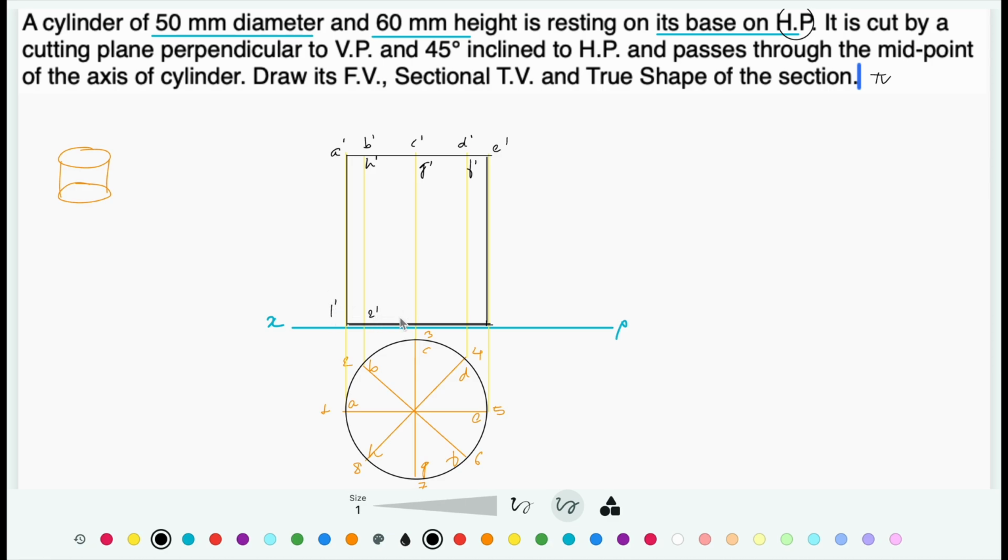One dash, 2 dash, 3 dash, 4, 5, 6, 7 dash and 8 dash. Okay, so this is the basic view.